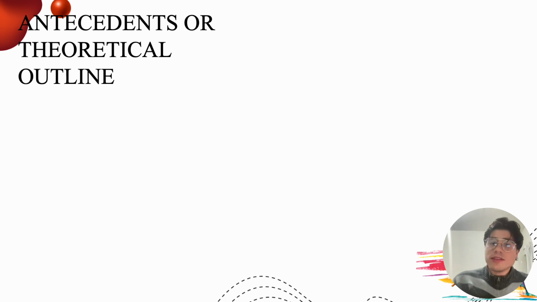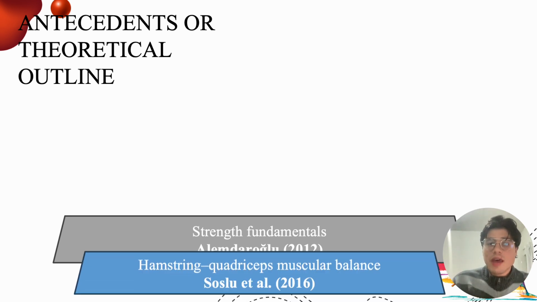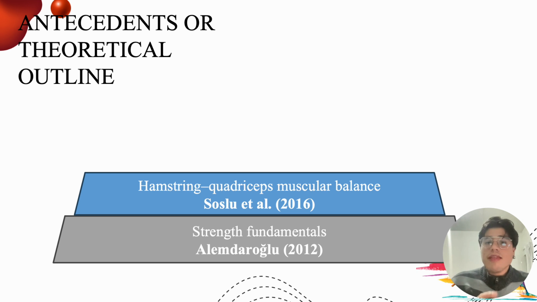In 2012, isokinetic strength, particularly quadriceps and hamstring function, was identified by previous research as a fundamental indicator of performance. In 2016, the importance of the hamstring to quadriceps relationship was further reinforced, establishing it as a stable marker for both performance and injury risk.